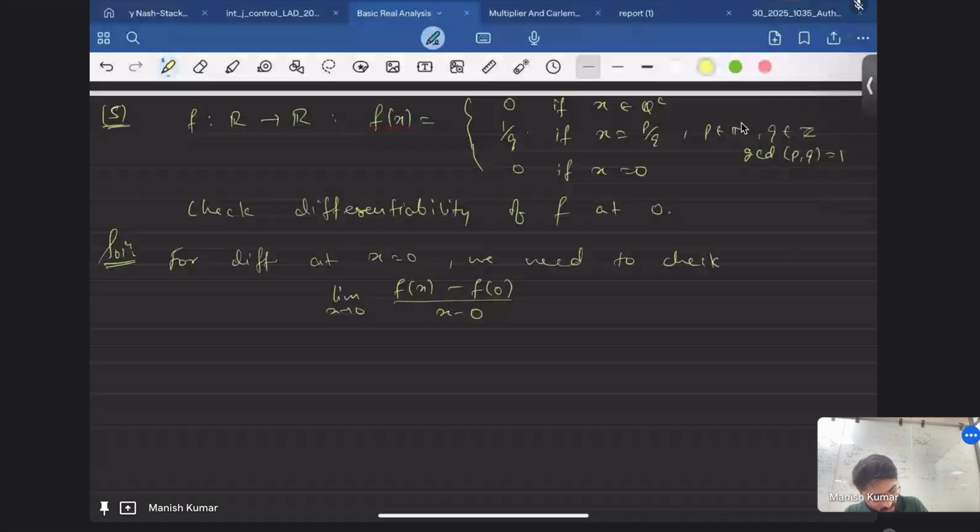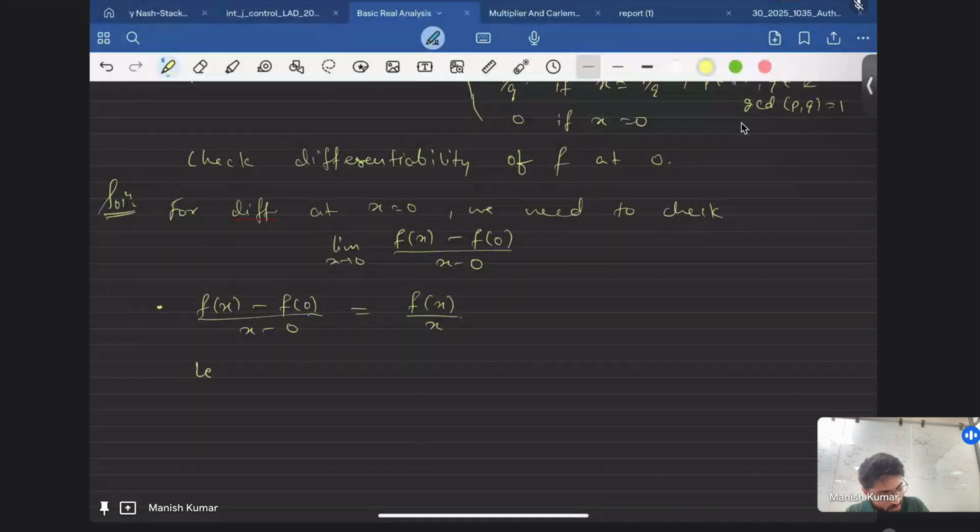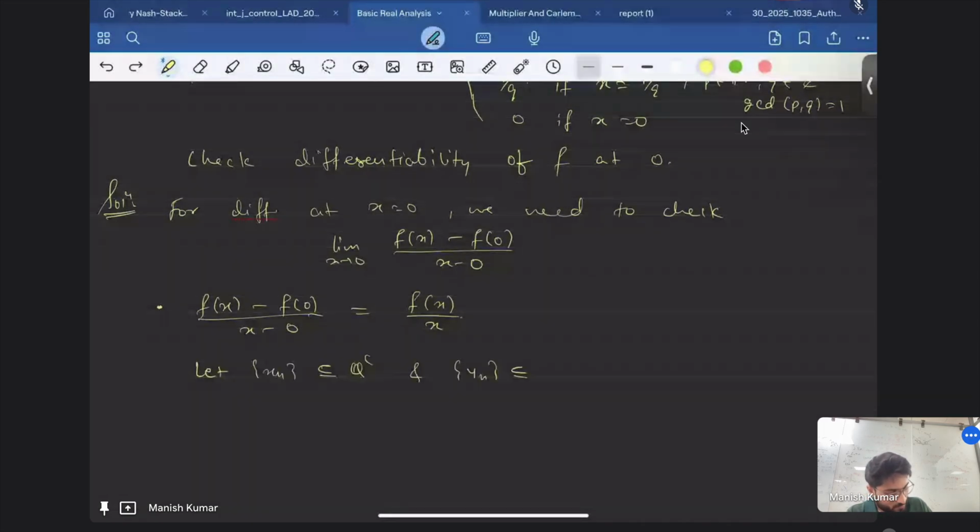So let xn in Q complement and yn in Q be sequences such that xn converges to 0 and yn converges to 0.